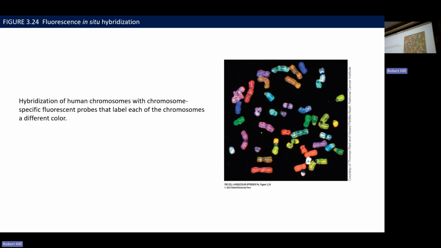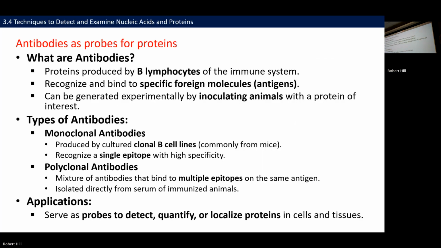You're just exposing the chromosomes to a labeled probe, and the probe will bind to wherever it is, and it will glow. That's how they're able to make all of these different chromosomes different colors, identifying them by their fluorescence. Okay, so that's detection methods using radiolabeled probes.